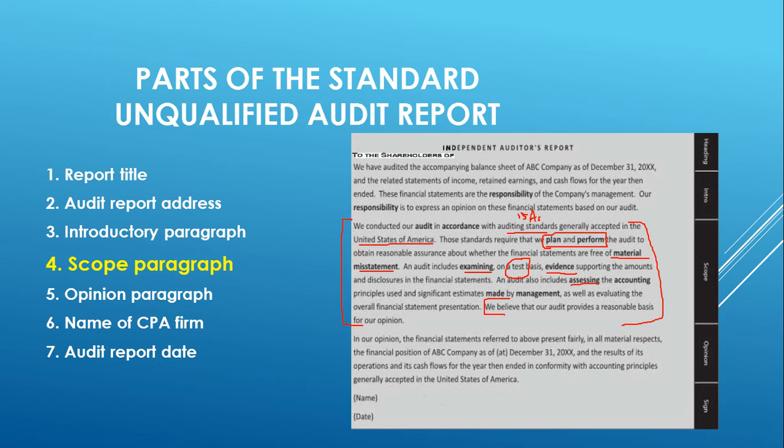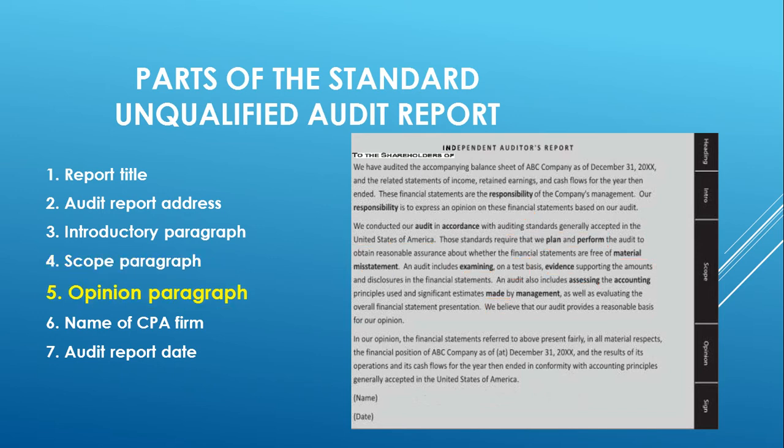This is the audit process in the scope paragraph. The opinion paragraph, which is the most important paragraph in this report, and we can see here in the first three words, in our opinion.